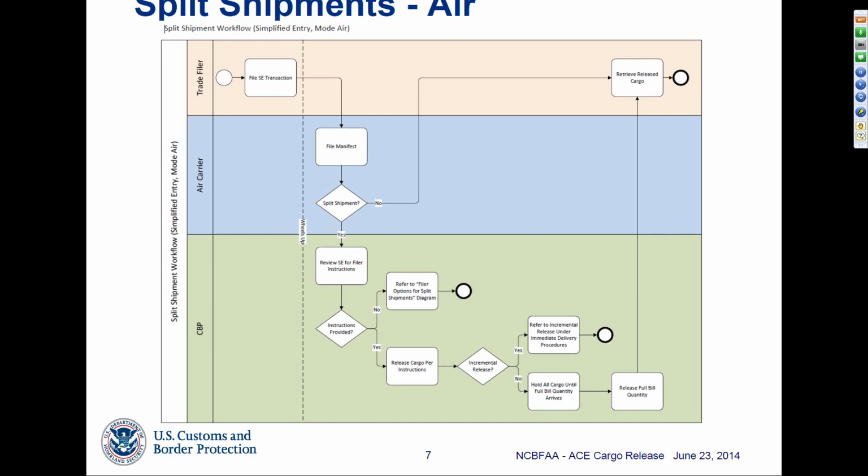If they have not provided any choice, we refer the filer back to, please give us the choice. It is not being released due to waiting your instructions. And if they have provided instructions, we'll follow along with that. If it's incremental release, then each time part of the shipment comes in, it will be released. If it's not, because it's hold all, it'll wait till it all arrives. Back to cargo is released.